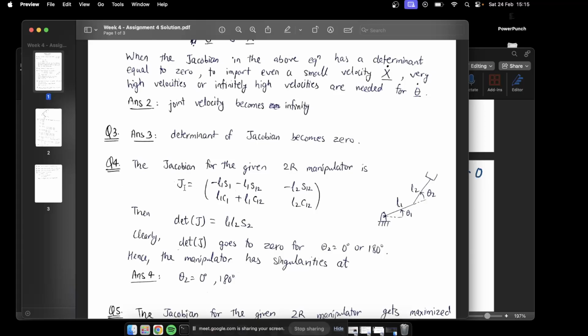How do we write it? We write the position of the end effector x, y in terms of L1, L2, theta 1, theta 2. Then we differentiate each term with respect to theta 1 and theta 2, and we get the Jacobian matrix, right? Does anyone have any doubt in writing the Jacobian matrix for a 2R manipulator?